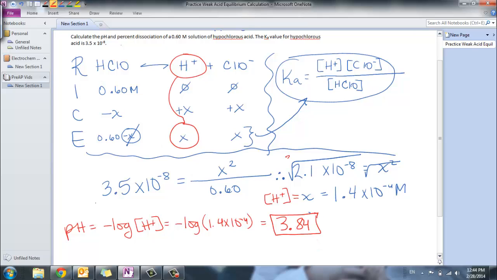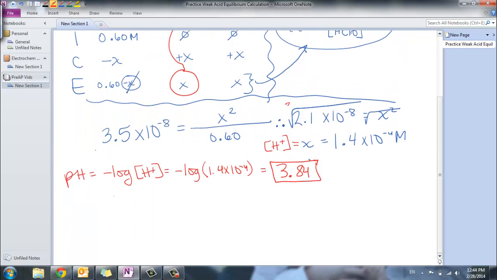It also asked us to calculate the percent dissociation. So the percent dissociation is actually pretty easy. It's just the amount that actually did dissociate, in other words, your x value, 1.4 times 10 to the negative 4, divided by the original acid amount, 0.6, times 100. So it's really just part over whole times 100.